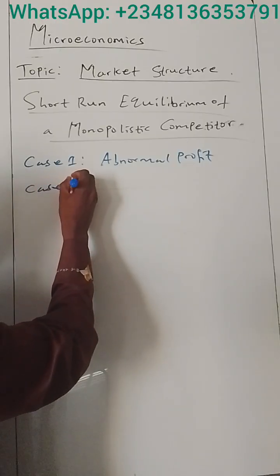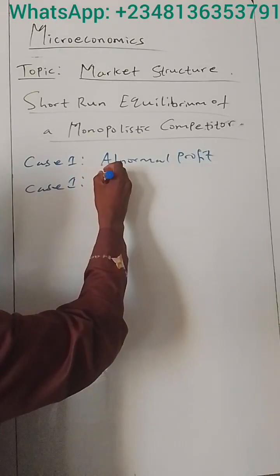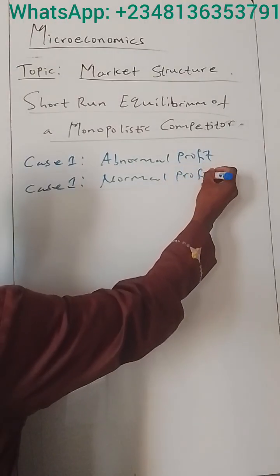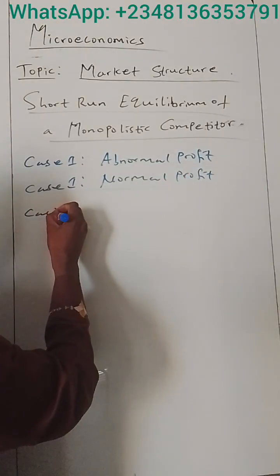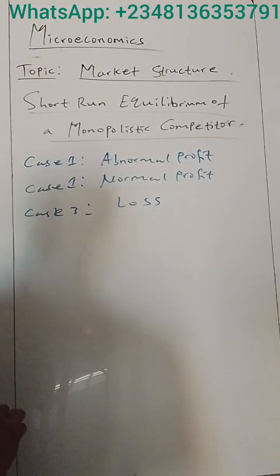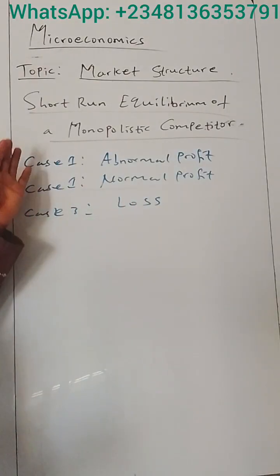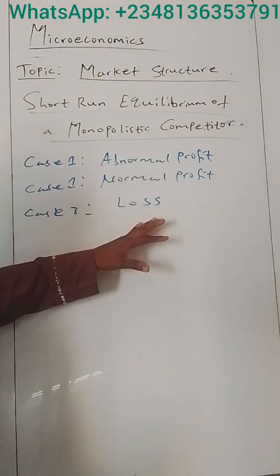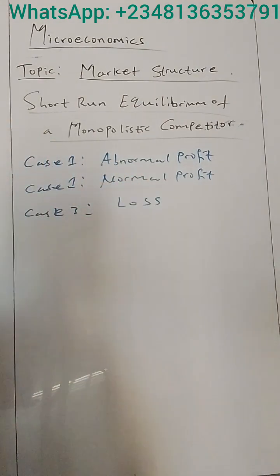Case 2 is the case of normal profit. Case 3 is the case of loss. All these three situations are possible for a firm in monopolistic competition.